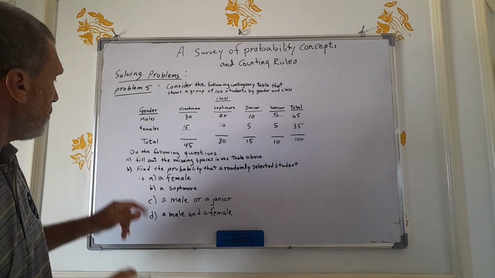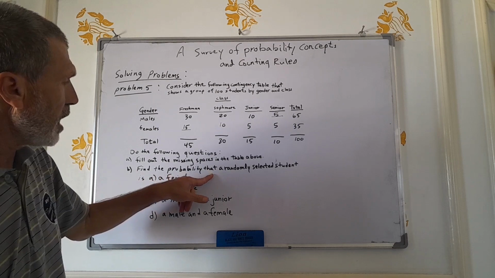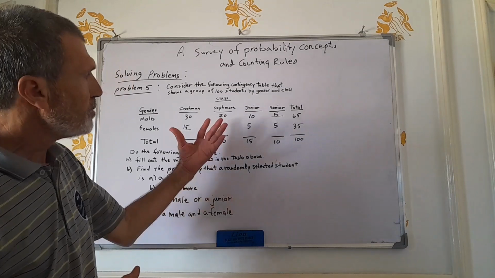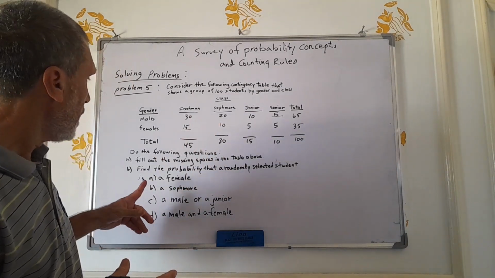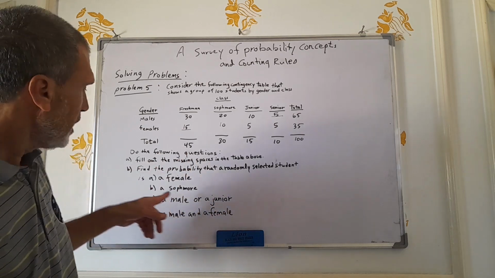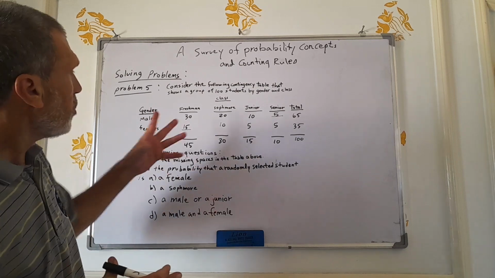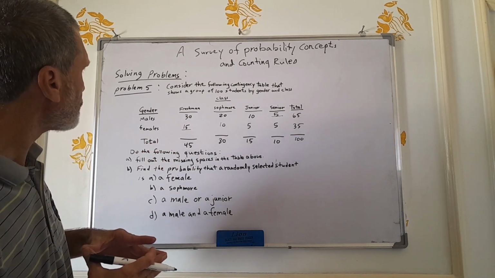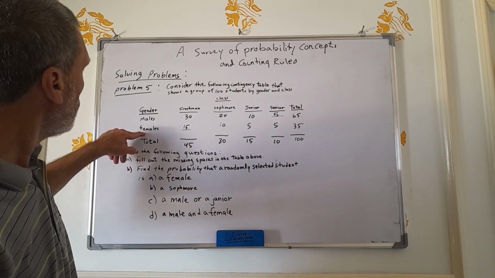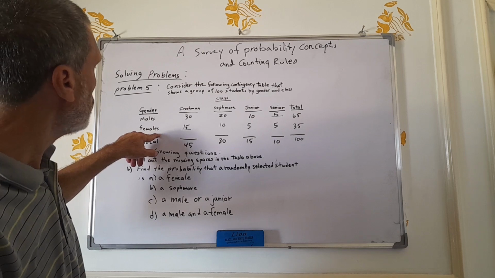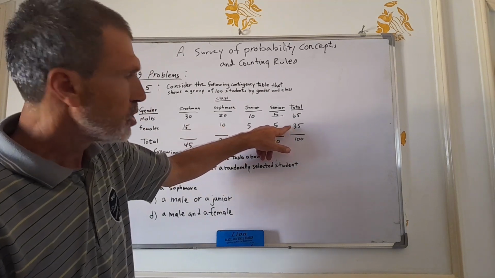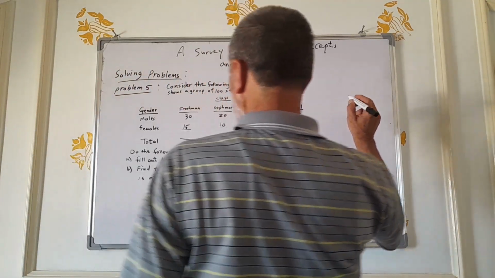Now, part B, find the probability that a randomly selected student is a female. So we select a student randomly from this contingency table. We look over here for a female. How many females do we have? If we sum all of those, we come up with 35.